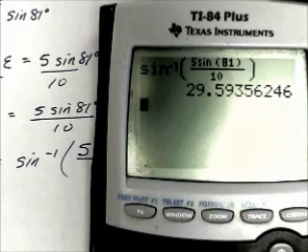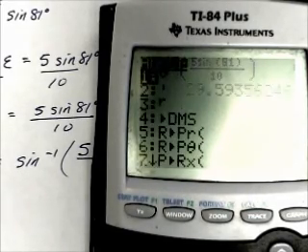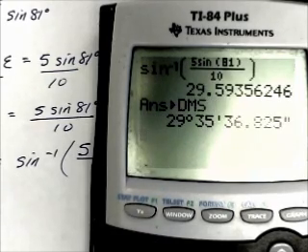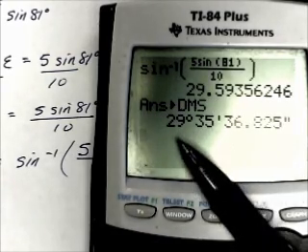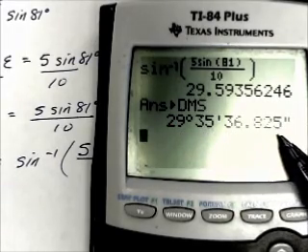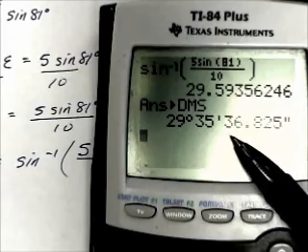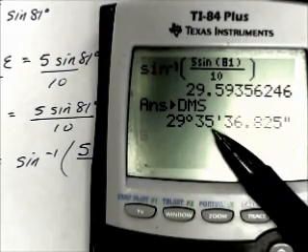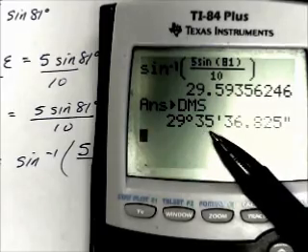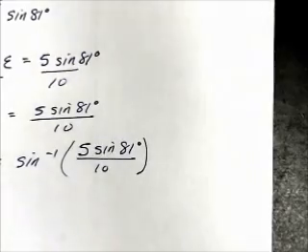Recall, what do we need to do now? Second apps, number 4. Degrees, minutes, seconds, so 29 degrees, 35 minutes, 36.825 seconds. Remember, if your seconds are 30 or more, it will round up to the next minute. So this will be 29 degrees, 36 minutes.